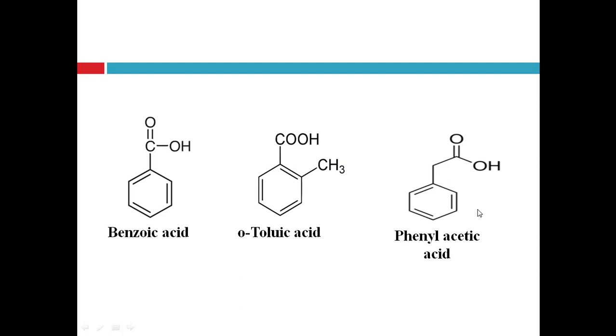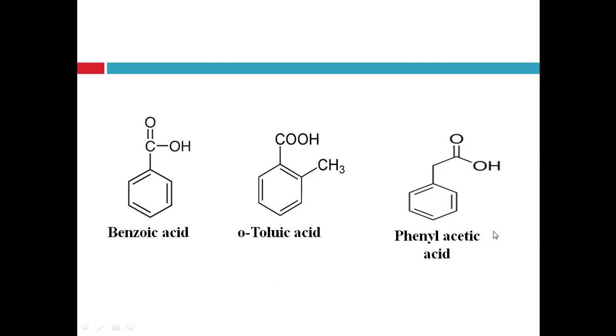Another example is phenyl acetic acid. See, in this case, the carboxylic acid group is a part of the side chain. Here, this carboxylic group is not directly attached to the benzene ring like benzoic acid and toluic acid. In benzoic acid and toluic acid, the carboxylic acid group is directly attached to the benzene ring.